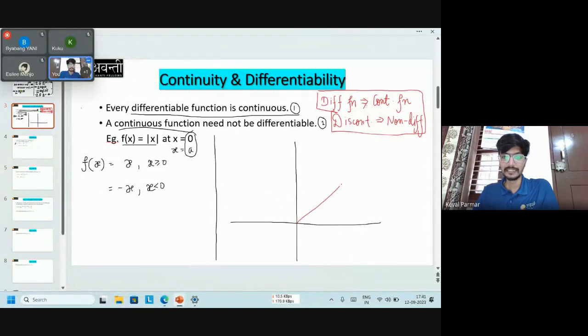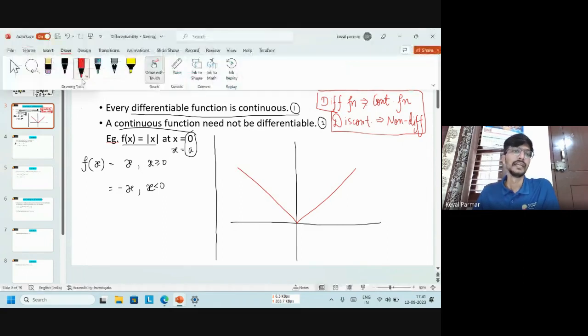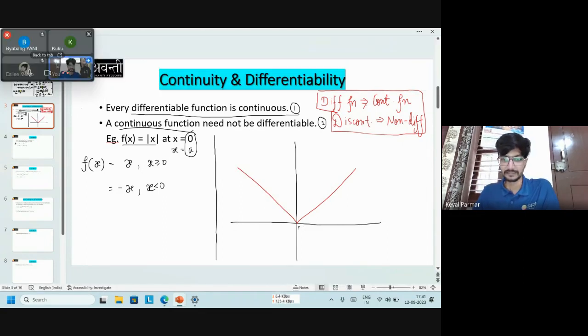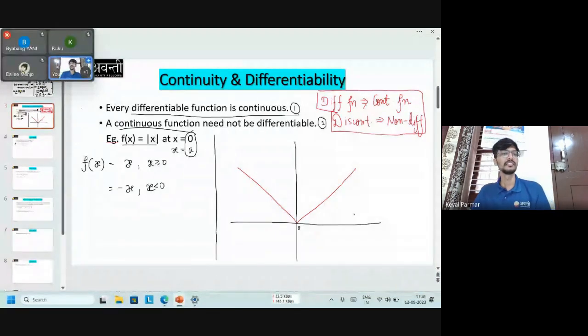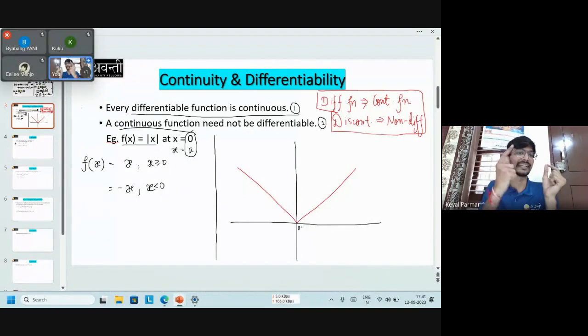It is basically like a V, where this is 0. It is like a V. So at x equal to 0, if we know the graph, we can directly see that there is a sharp edge, a sharp turning at x equal to 0.